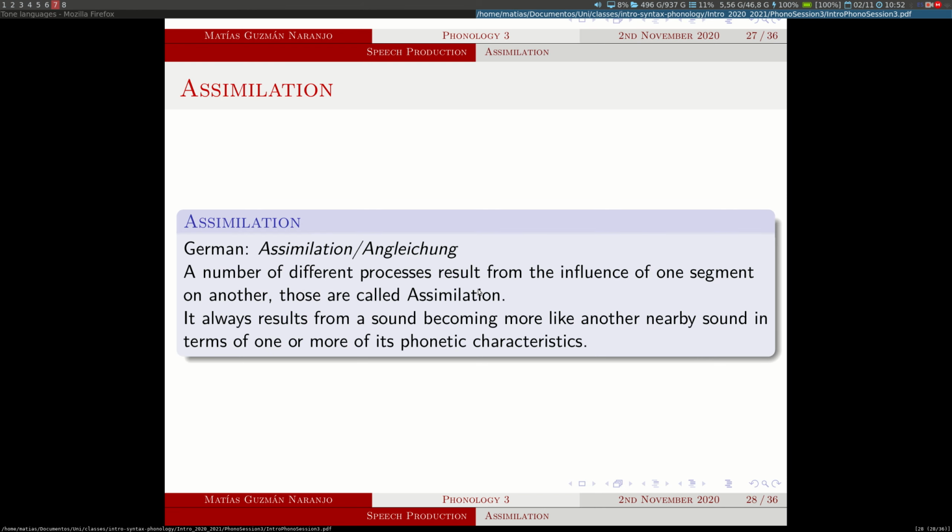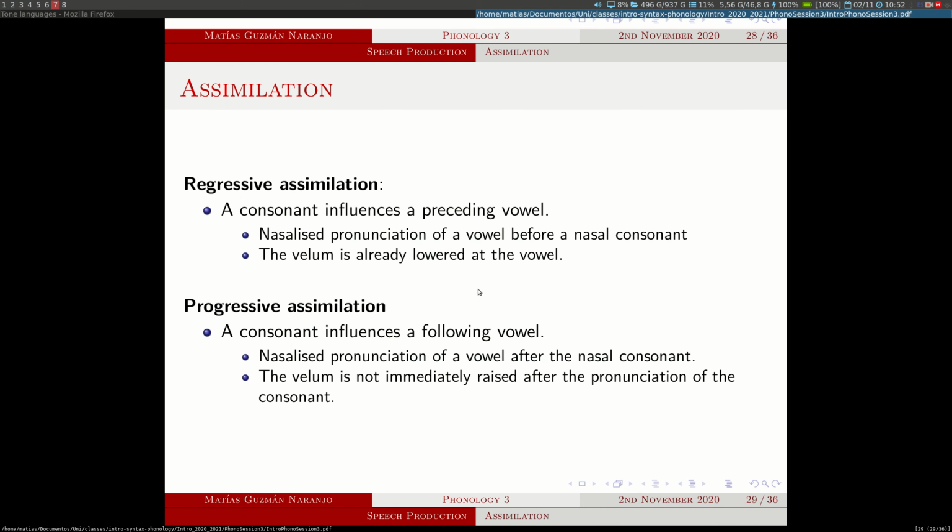A different sort of phenomenon is assimilation. Assimilation is how one segment influences the realization of a different segment. And this results in both segments becoming more similar to each other. There are two types of assimilation. One is regressive.